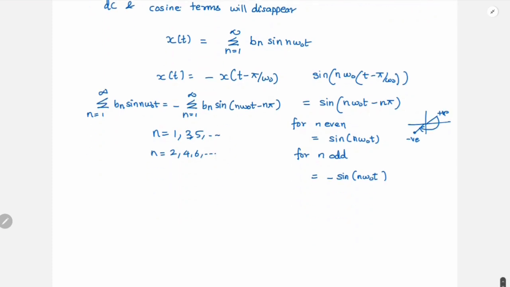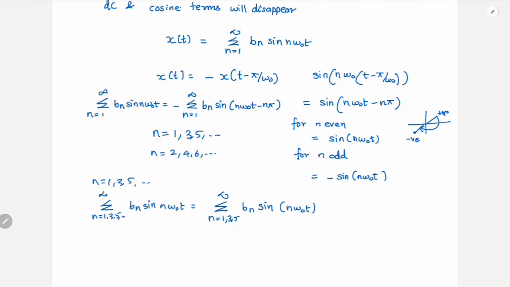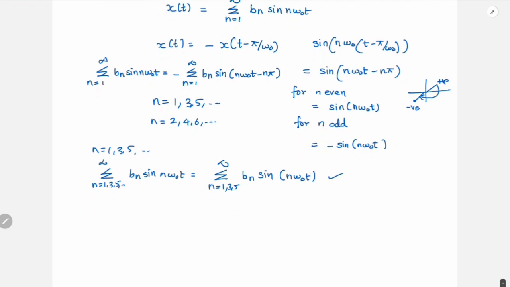For n equal to 1, 3, 5 up to infinity, we have bn sin n omega naught t equal to minus, and this is also minus for odd n, so minus minus becomes plus. Summation n equal to 1, 3, 5 up to infinity bn sin n omega naught t. This is not going to change. Both sides are equal, so we don't get any extra information.